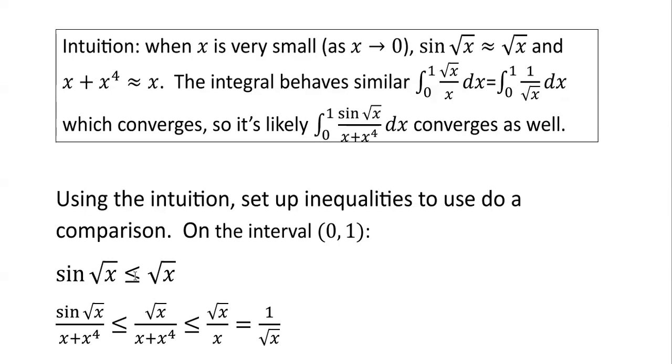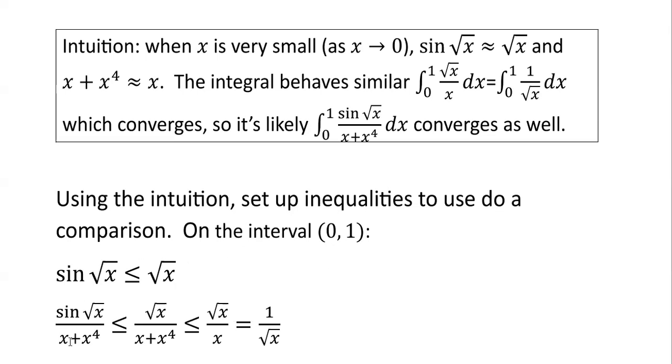Sine of x is less than or equal to x if you just imagine the graphs of sine of x and x. x actually grows faster, especially in this interval from 0 to 1. We're specifically only talking about this interval. So therefore, square root of x also would grow faster than sine of square root of x on this interval.